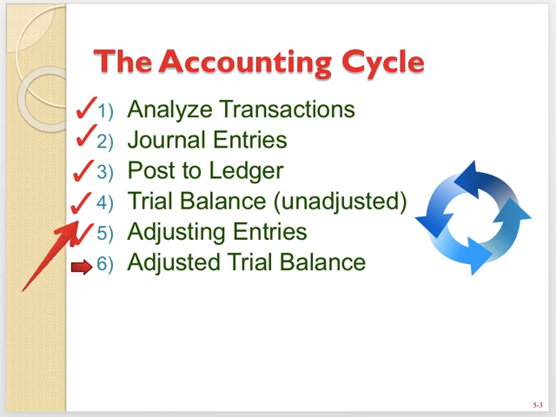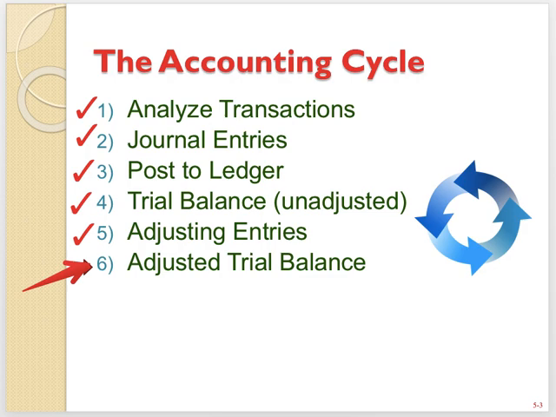So really, the trial balance that we had in step 4 is incorrect. Now we need to update it with the correct numbers that include all of those timing differences, the revenues and expenses that we hadn't previously captured in the unadjusted trial balance.